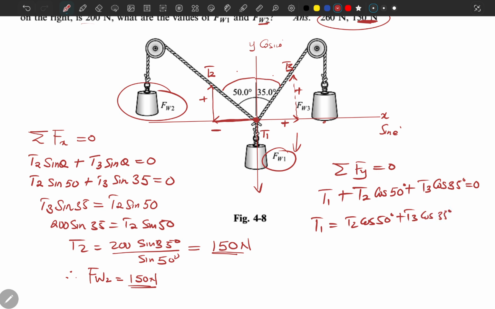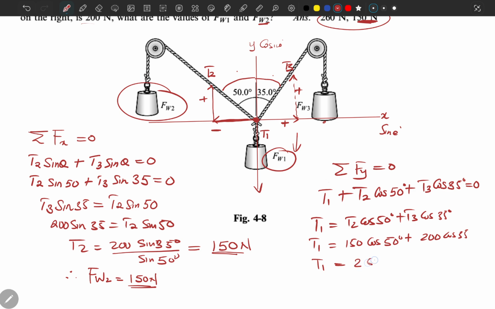It's easier like that. So we can just plug in what we have. T1 is equal to T2, which we just found to be 150, cos 50 degrees, plus T3, which is already given as 200, cos 35 degrees. Can you find T1?